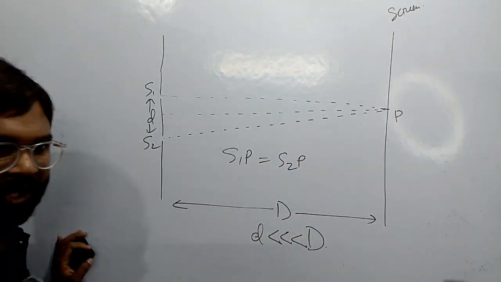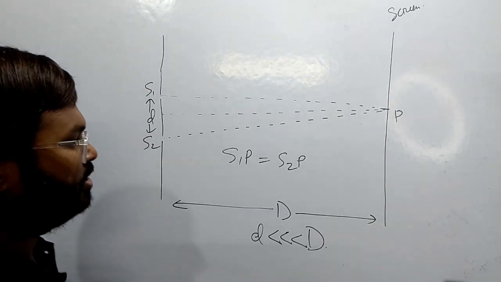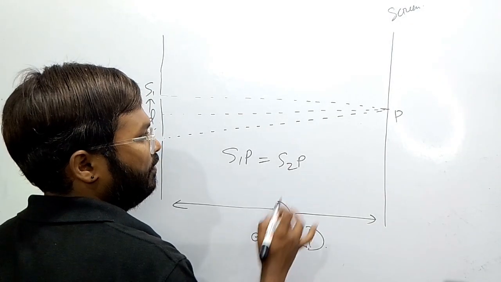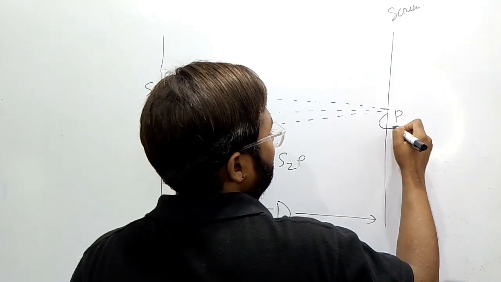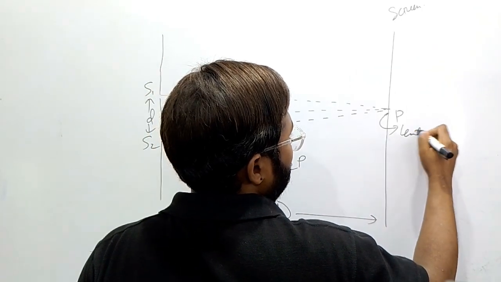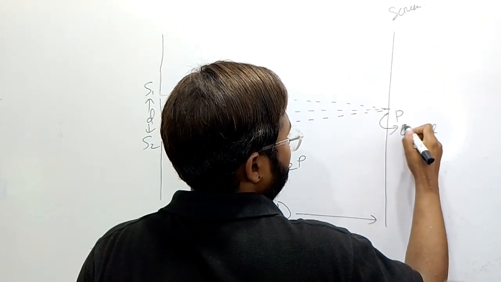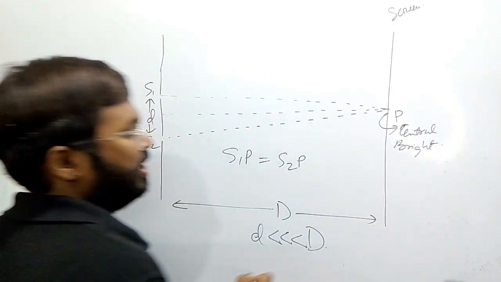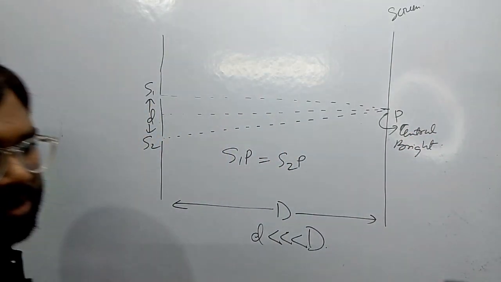There is no path difference. Is there any path difference? There is no path difference. Clear? So you will have here a central bright fringe. You can consider it as the central bright.